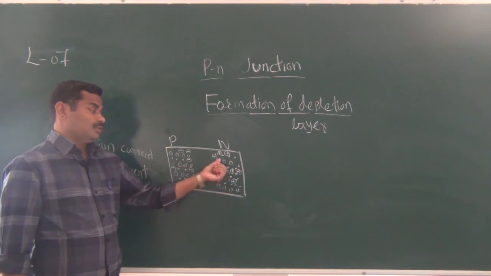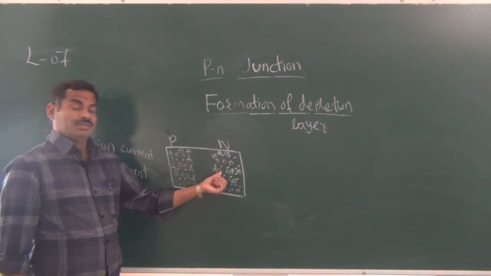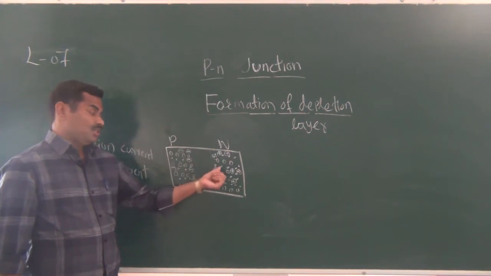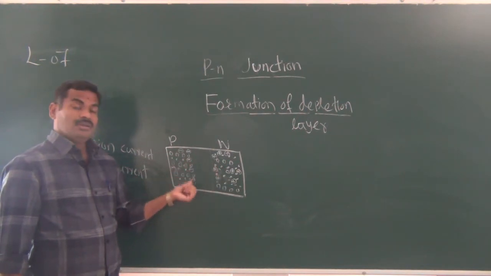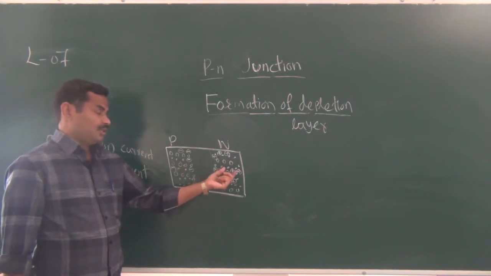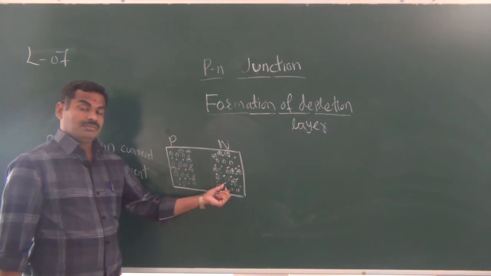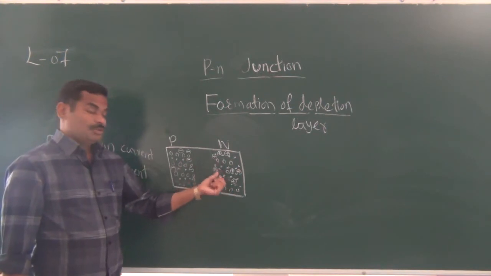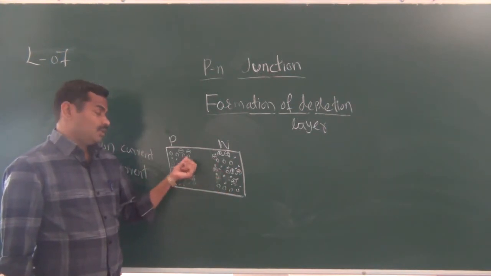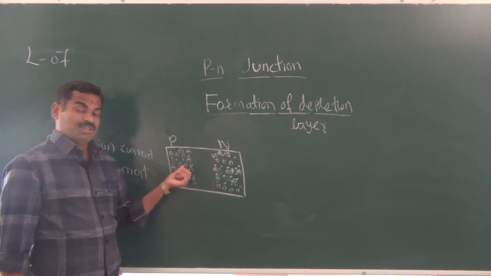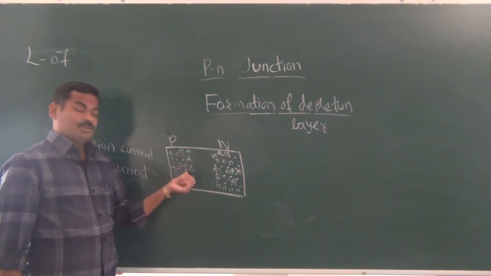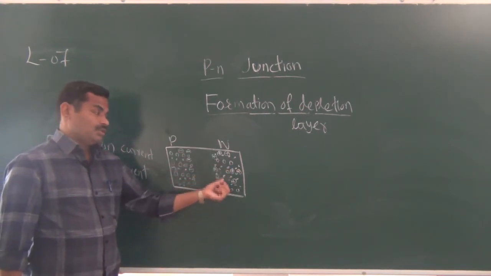In the same way, in the n-type semiconductor, the electrons, while diffusing to the p side, will recombine with holes in the p side. Whenever electrons move from n to p and holes move from p to n, at the same time some electrons recombine with holes in the p side, and some holes recombine with electrons in the n side.